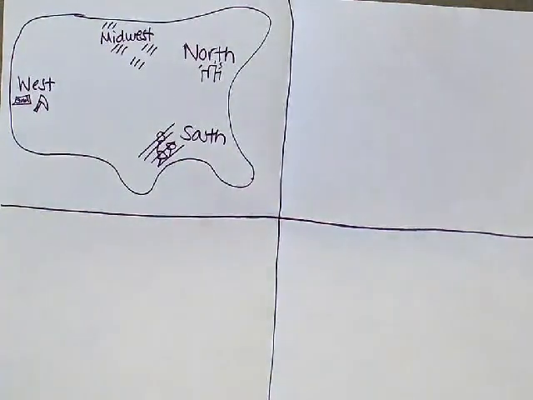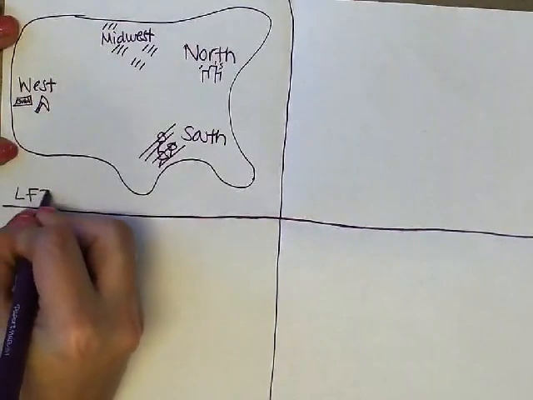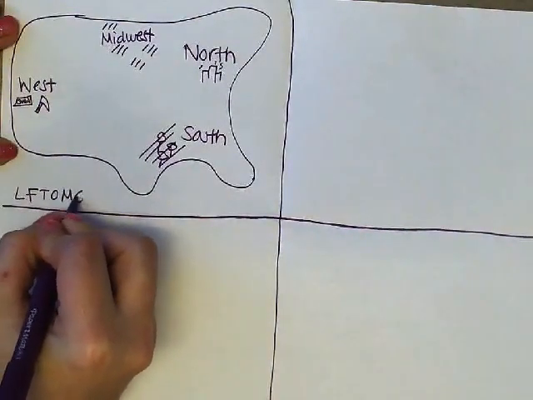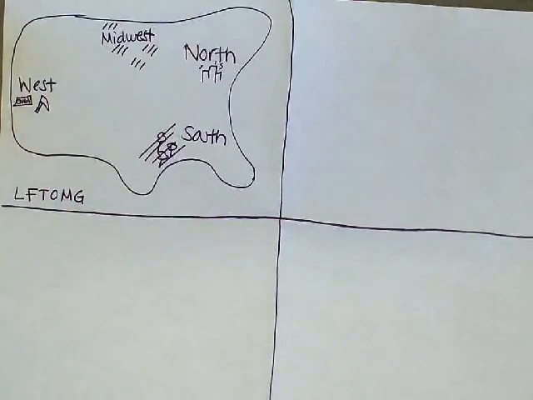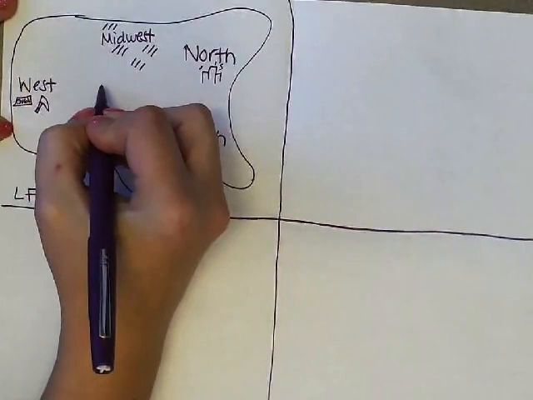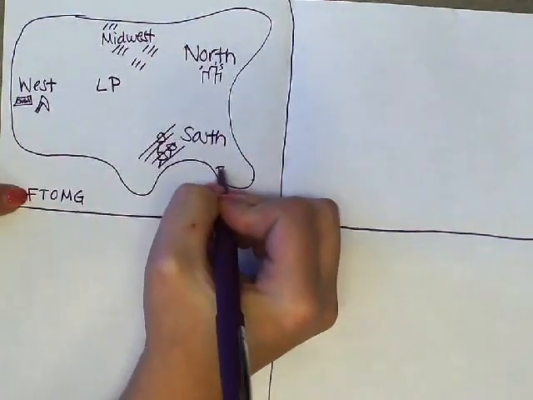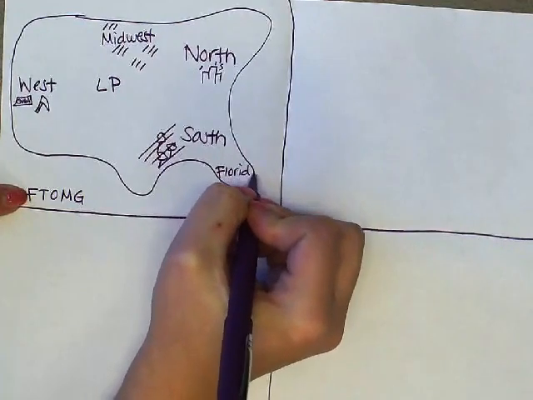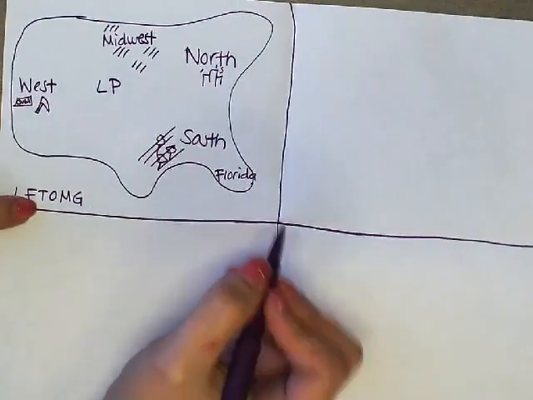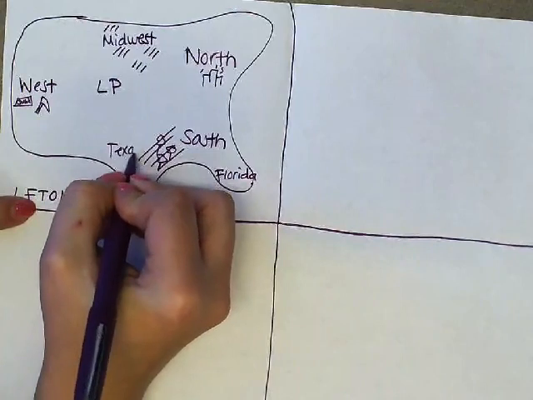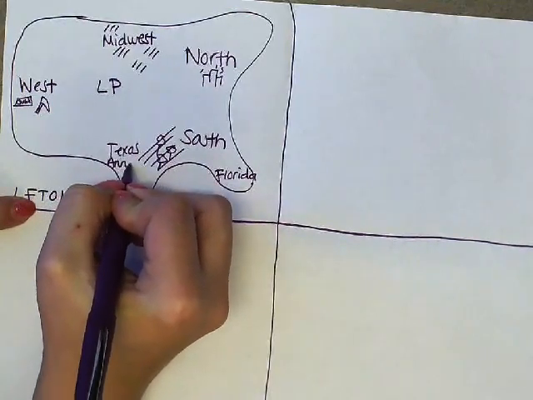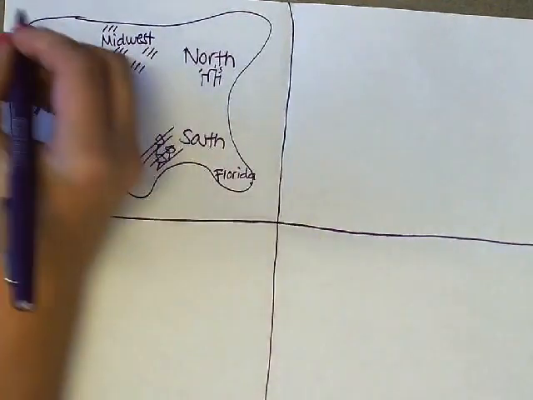So now let's draw our land acquisition. So this is where we look for the old man's gold. And we're going to fill that in on the map, plus where they came from. So my first one is Louisiana Purchase. And then we have Florida. And then we have Texas, annexation. And then we have Oregon.